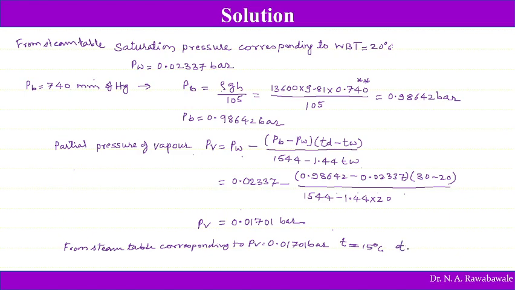So this is TDP, which is equal to 15 degrees Celsius. So this is how we obtained the dew point temperature corresponding to the partial pressure of vapor.